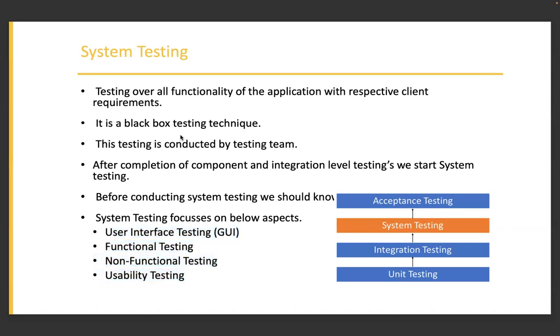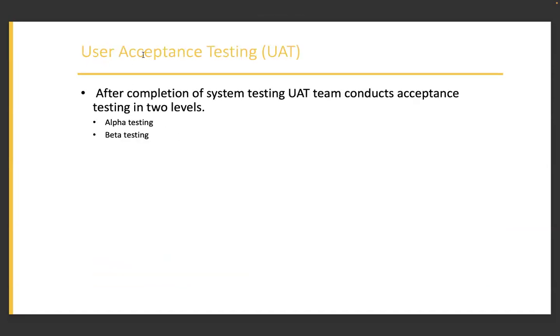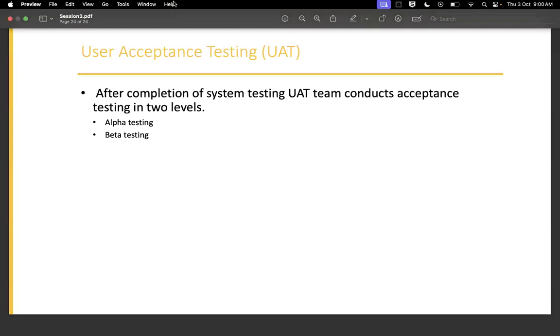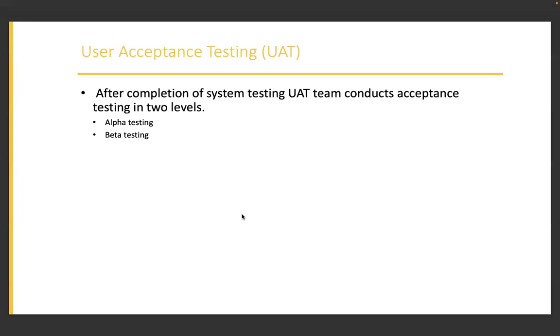And the last we have is UAT, guys. UAT is user acceptance testing, which is alpha and beta. Alpha is at our level, like our UAT tester, and beta is at the client side UAT tester. So we have the QA team even at the client side. Those testers you can consider the UAT testers.